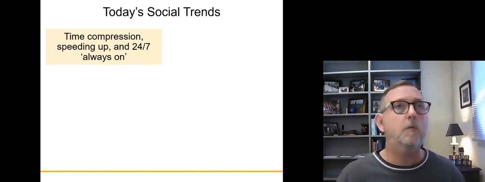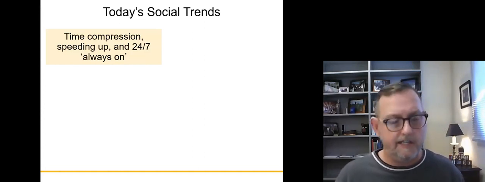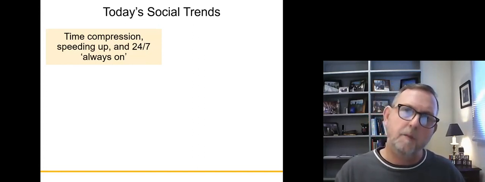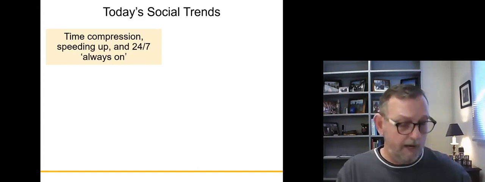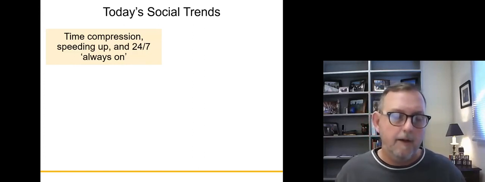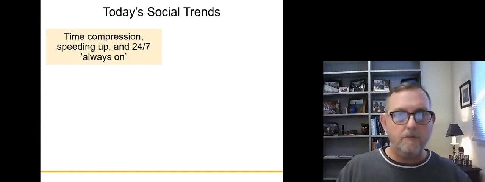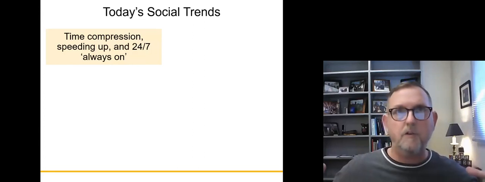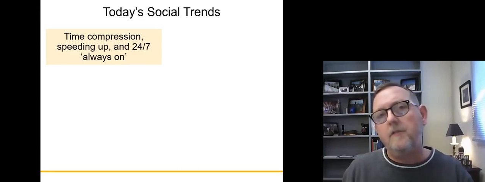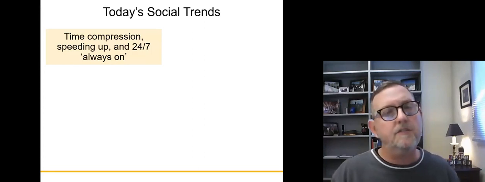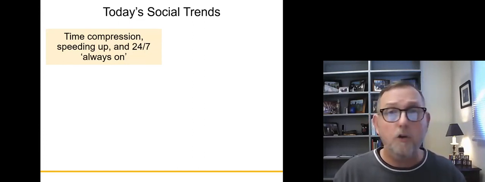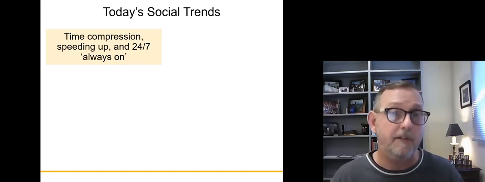And then we started having TV where you could watch the nightly news, and at 5 or 6 in the evening, you could watch news about what happened today. So it went from a day's worth of news to half a day's worth of news, and now we have 24/7 news. In other words, if something happens, we literally know within a minute or two, all the way around the world, that that event happened.